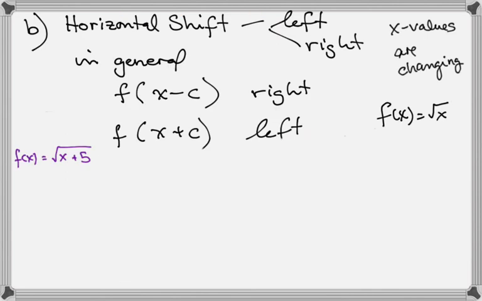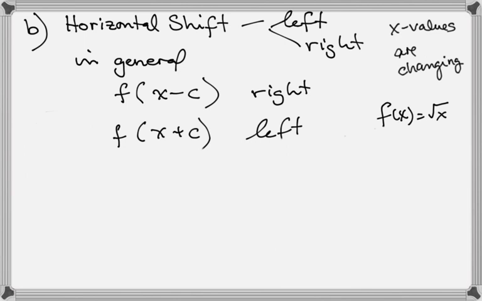Okay. Horizontal shift. Now horizontal shift is going left or right. You're sliding across the x-axis, left or right. And this time, I call it the shift happens on the inside.